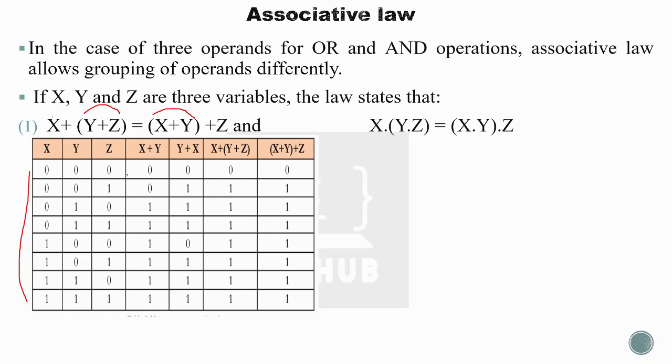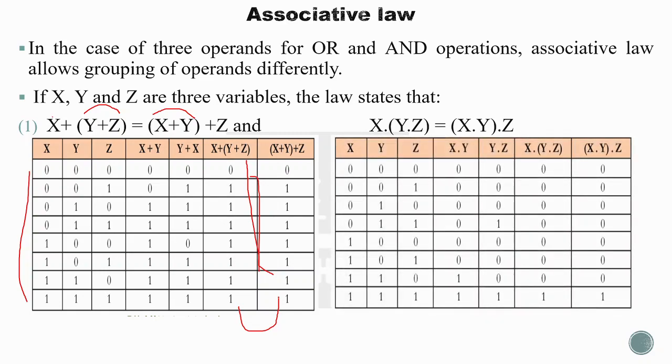We can check the result. This is the column (x plus y) plus z equal to x plus (y plus z). These two columns are exactly equal, which means (x plus y) plus z equals x plus (y plus z).